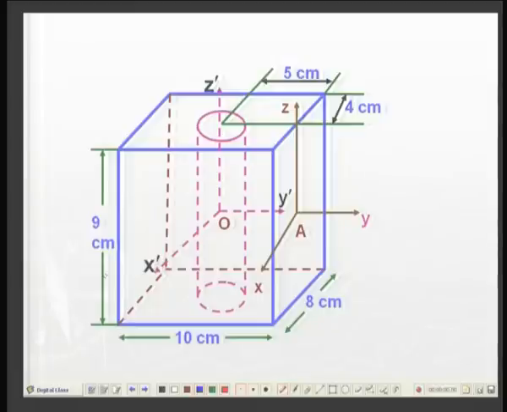So, O is the center of mass of the net body, okay, whose dimensions along length is 5 centimeter, along width is 4 centimeter, along height is 4.5 centimeter. So, at that point we have a coordinate system x dash, y dash and z dash parallel to the 3 edges of the block.